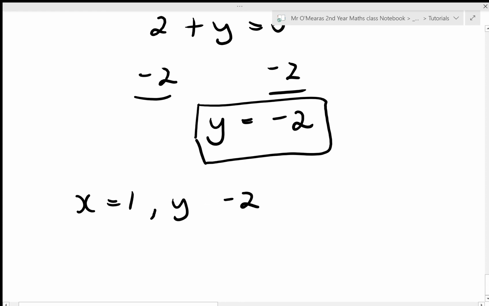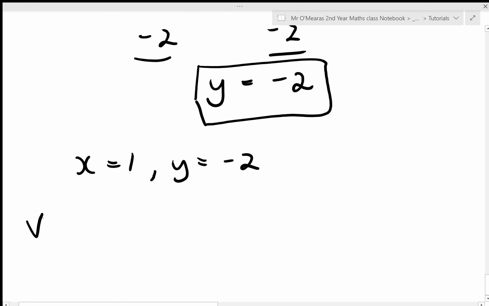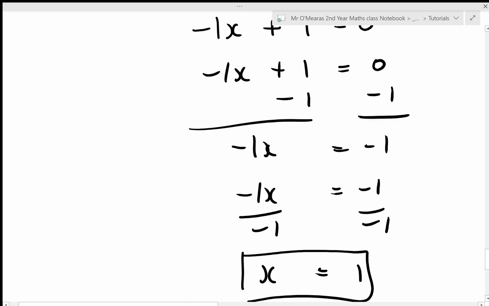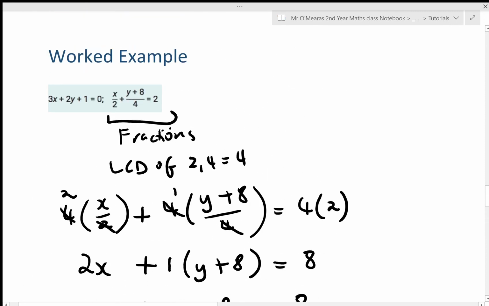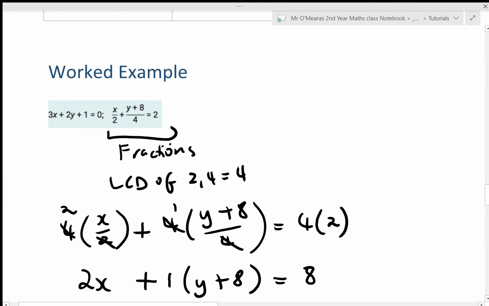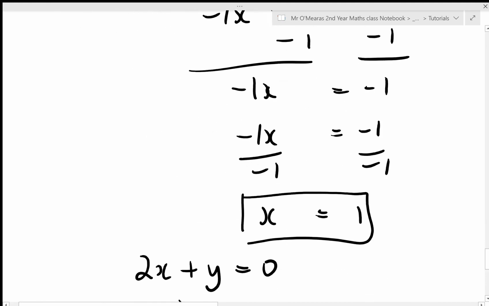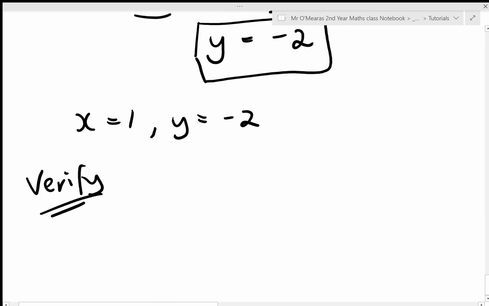Now the question is, how do we know we're right? Well, what we can do is go verify our answers. So if you go back to the very original one, 3x plus 2y plus 1 equals 0.